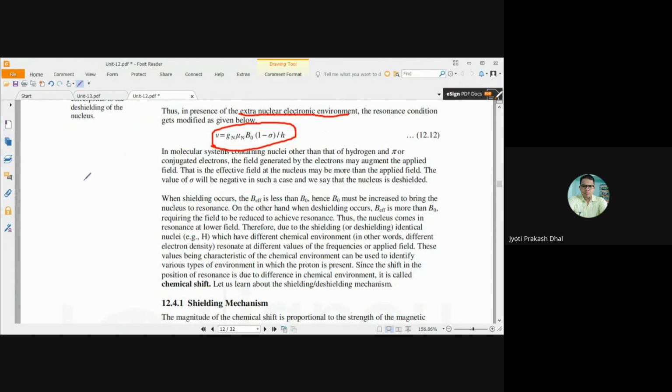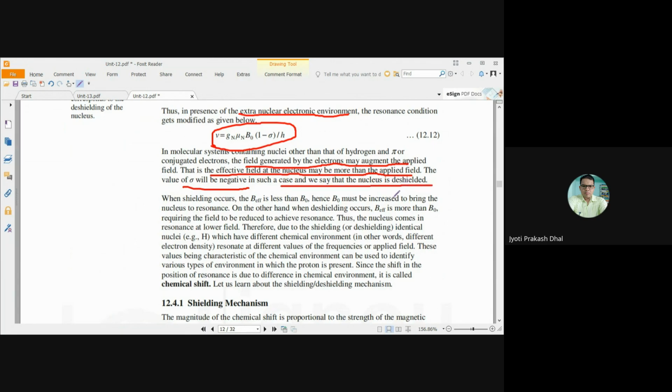In a molecular system containing nuclei other than hydrogen, with pi or conjugated electrons, the field generated by the electrons may augment the applied field, so the effective field at the nucleus may be more than the applied field. So the value of sigma will be negative. In such a case, we say that the nucleus is de-shielded.